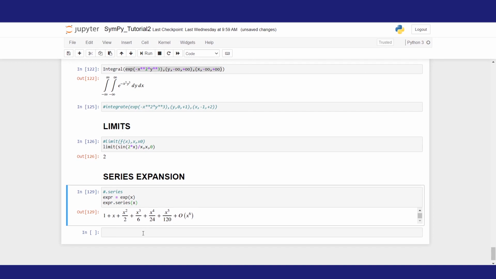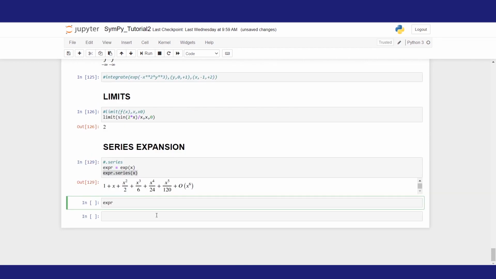But now let's say I wanted to exceed that order, say up to maybe order 9. So we can say expression dot series, the symbol x, the x naught as the initial point, which is 0, and then up to 9.